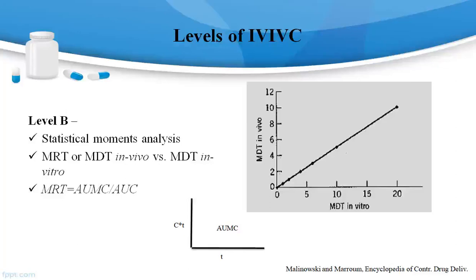As we find the AUC, the AUMC is determined by the same method, but in this case a curve of concentration times time versus time is developed, and the area under this curve is known as AUMC. The relationship is shown in the graph, plotted between in vivo and in vitro mean dissolution time.